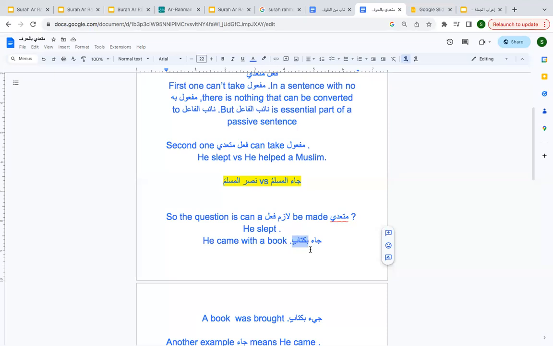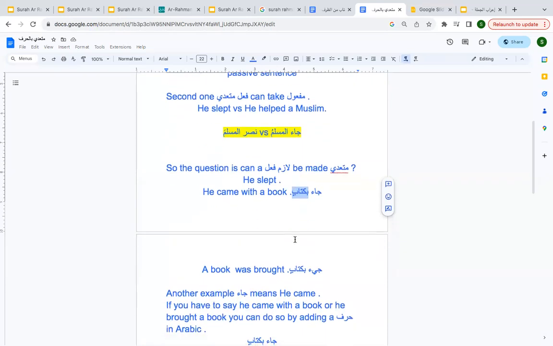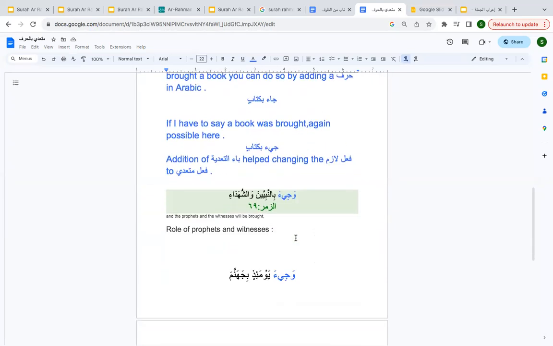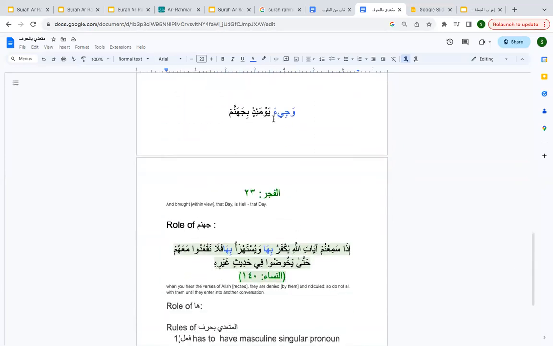Is it acting as maf'ulun bihi when I say ja'a al-muslimu bi kitabin? So this happens in Quran. You will see waji'a yawma'idhin bi jahannam. The Jahannam will be brought that day.